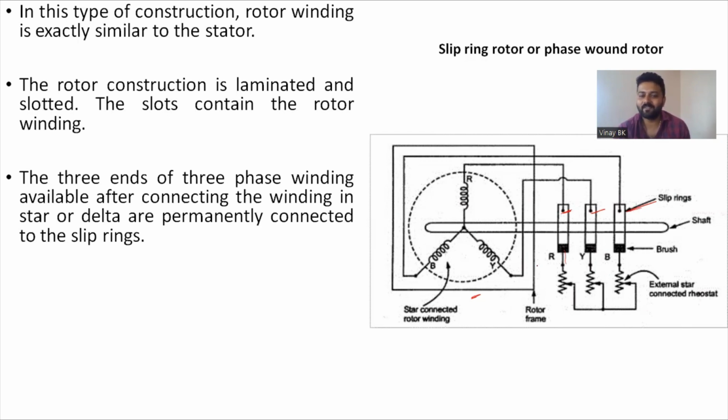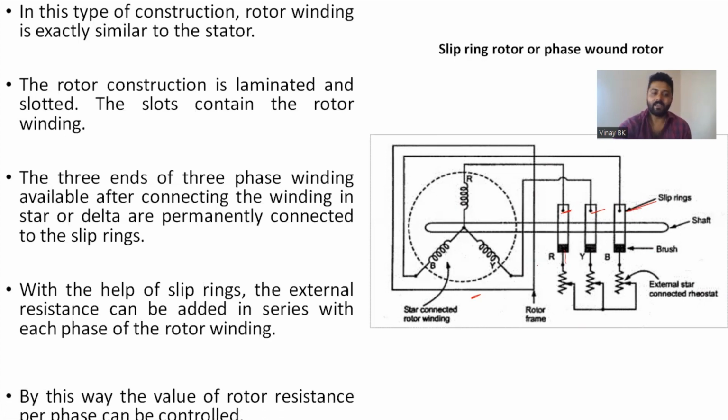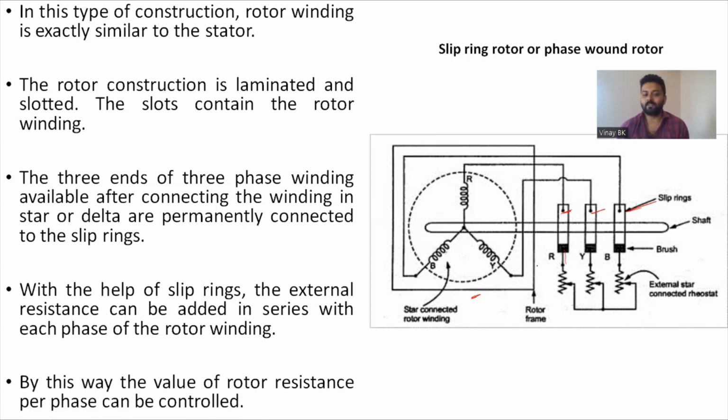The 3 ends of these 3 phase windings are connected to the slip rings, either star or delta, which are permanently connected. With the help of the slip ring, the external resistance is added at the end of the slip ring, in series with each phase of the rotor winding, and these resistances are short circuited.